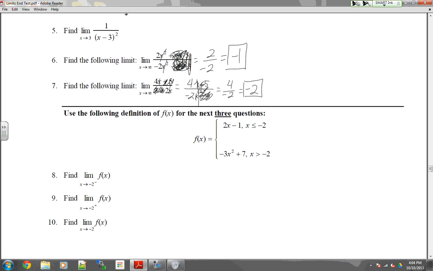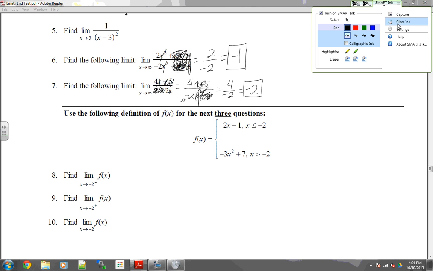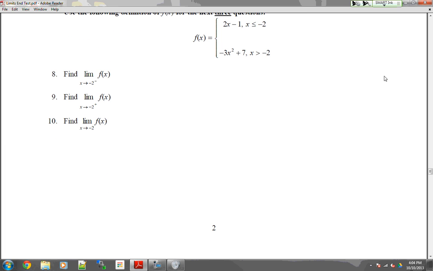Now I'm going to clear that and move down so I have plenty of room for this. So we want to find the limit from the left side. That's what that little negative sign means. Remember, your left side, all right, so here's negative 2. All these values all the way to negative infinity are your left side. Normally the left side is always on top.